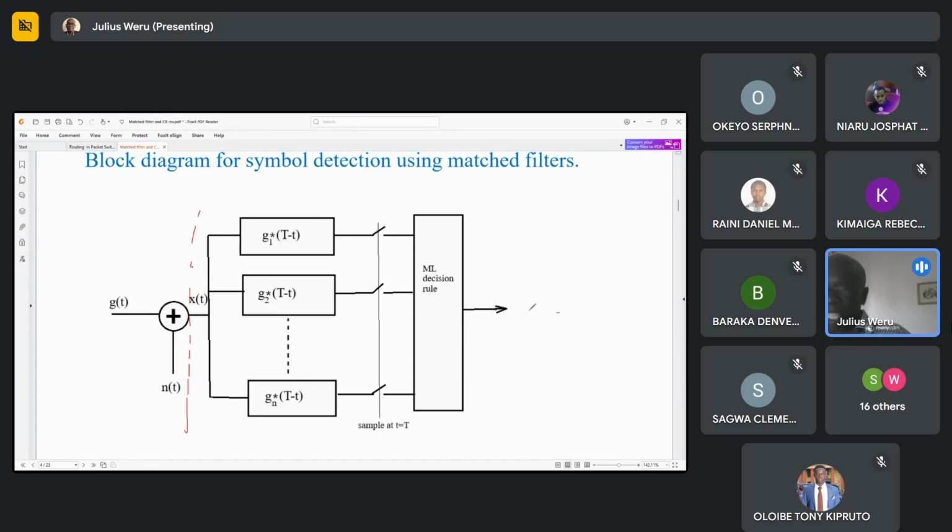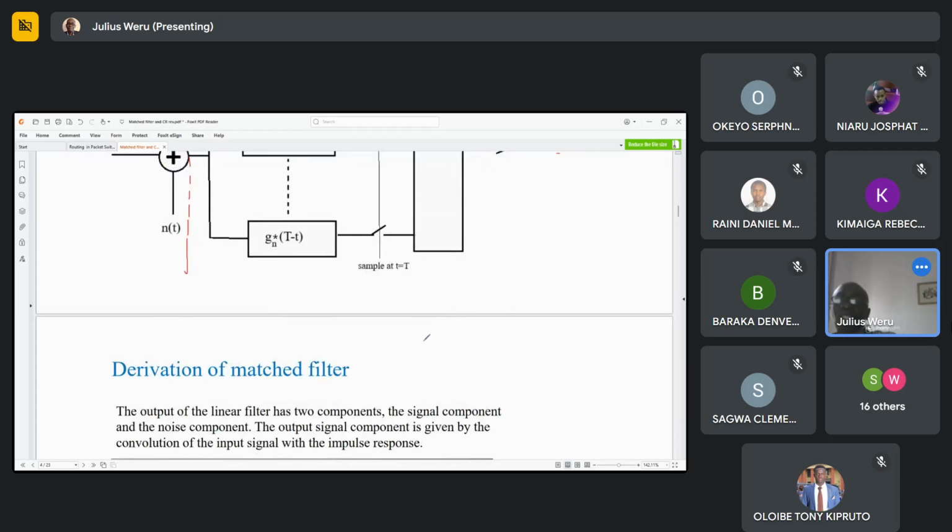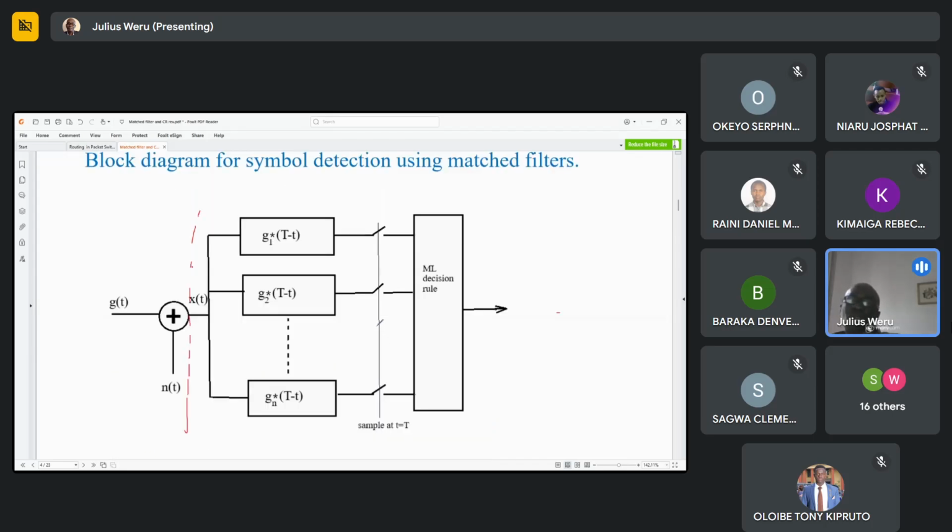So the output here will be binary, 0 or 1, if this is a digital communication system. You notice even for a digital communication system, we are still using this because this pulse is actually an analog signal. It's not a discrete signal, but what we are going to produce here is a decision whether it was a 0 or a 1.